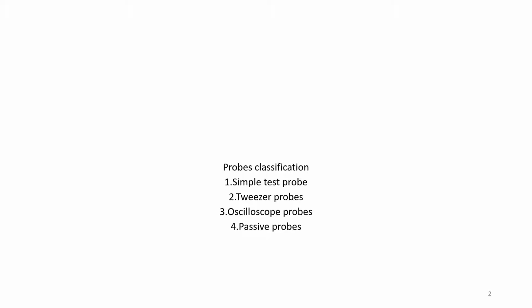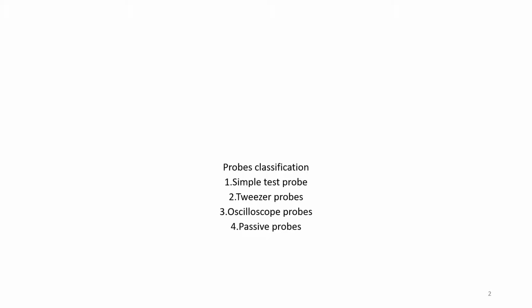Next is our oscilloscope probe. The oscilloscope displays the instantaneous waveform of varying electrical quantities. Unlike other instruments which give numerical values of relatively stable quantities, scope probes fall into two main categories, the passive probe and the active probe.